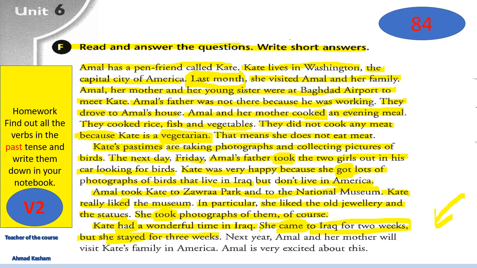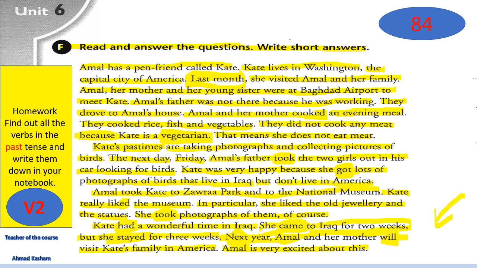She liked the place, she liked the people there, so she stayed for 3 weeks. Now, let's continue. Next year, so next, we are starting here to speak about what? About the future. Amal and her mother will visit Kate's family in America. Amal is very excited about this.